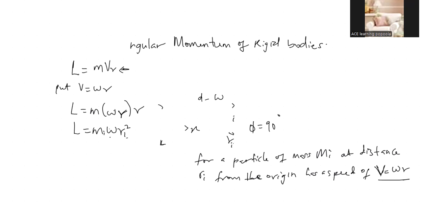So if we're looking at the total angular momentum of the particles within a rigid body, then we can say the summation of all the angular momentum is equal to the summation of m r squared times omega.